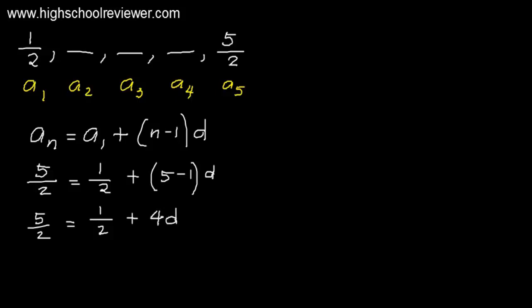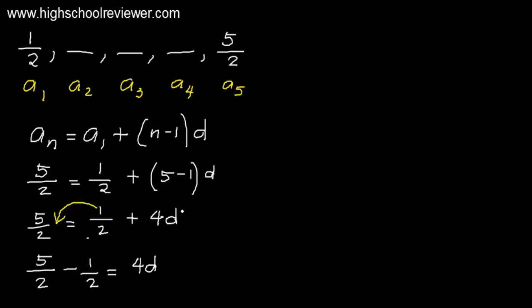To find 4d, first we need to transpose positive 1/2 to the other side. So transposing, we have 5/2. If we transpose positive, this will become negative. It will change sign, so this becomes minus 1/2 equals 4d.